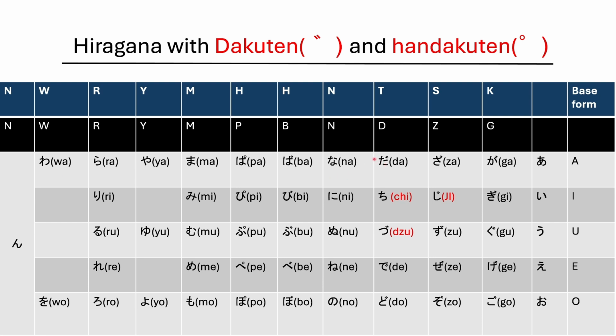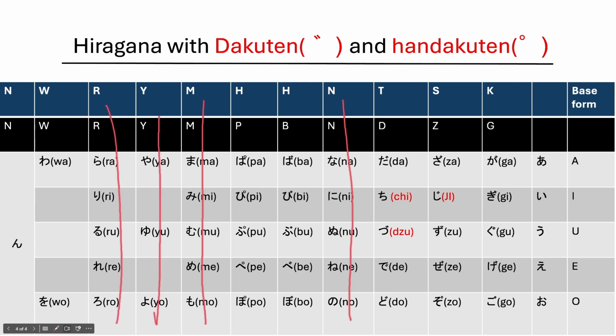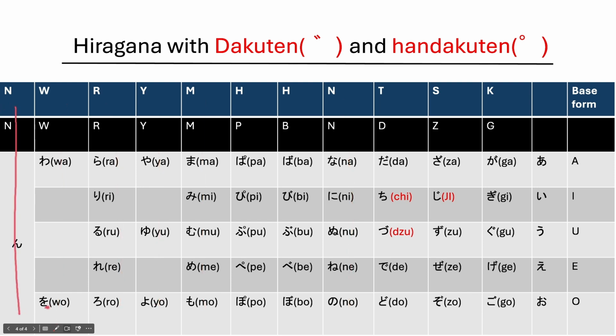This is very basic, but there is another thing: there are columns without the dakuten or the handakuten. You have probably noticed, for example, the N column, the M column, the Y column, the R column, the W column, and the N column. So you cannot really add a dakuten or handakuten in these columns.